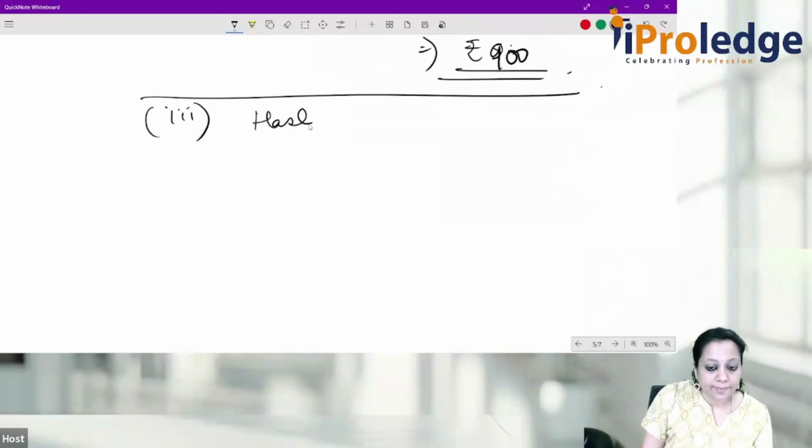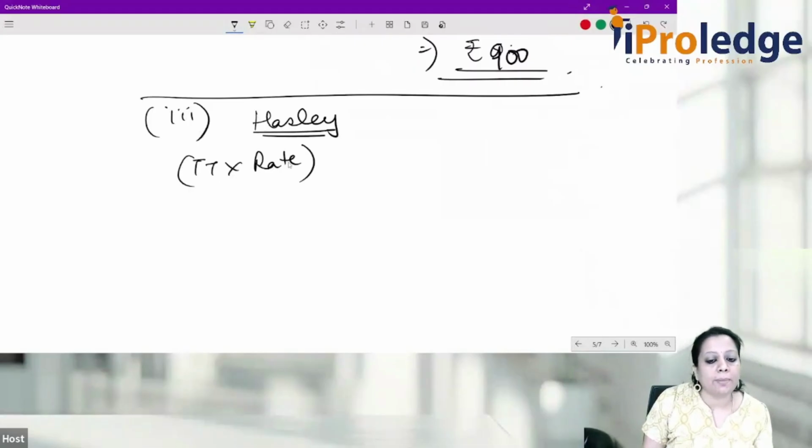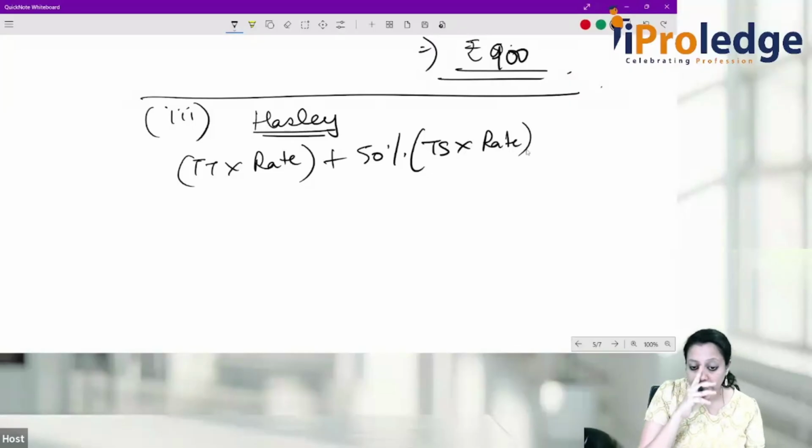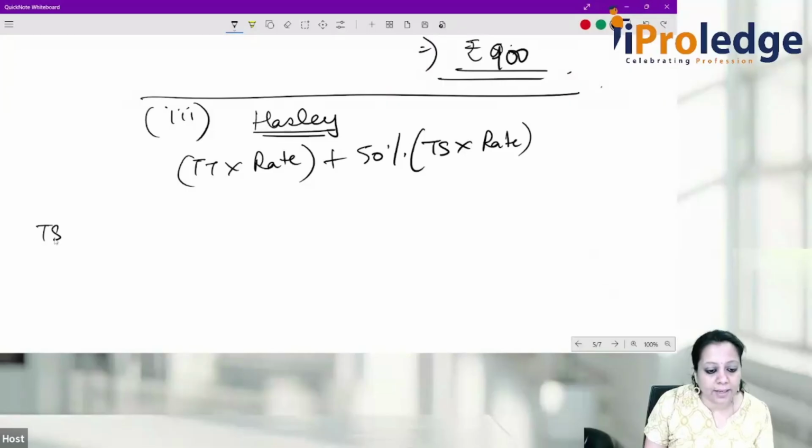We will do Halsey. We were doing Halsey method only. Okay. So it is going to be time taken into rate. You all remember? Plus bonus is going to be 50% of time saved into rate. Yes, ma'am. Super. So time saved, let us calculate. It is going to be time allowed minus time taken. Okay.